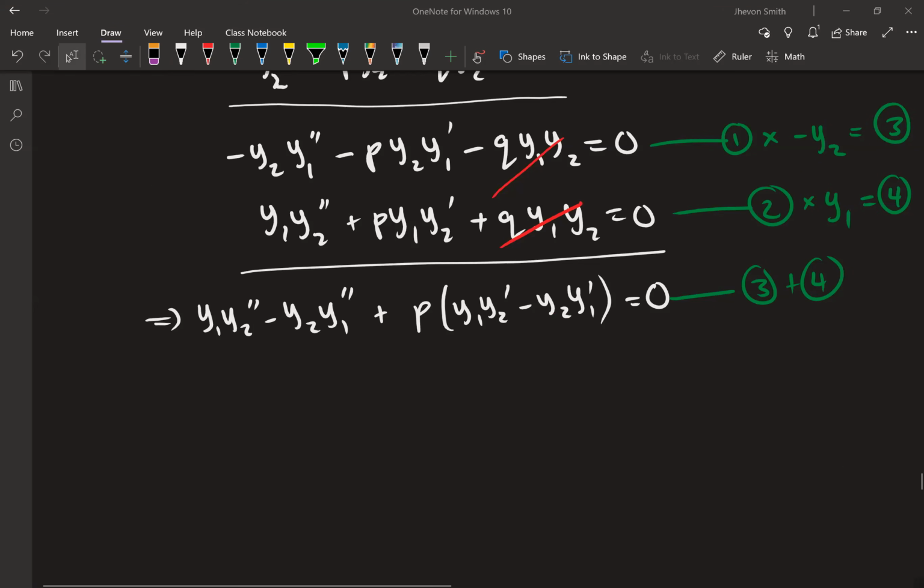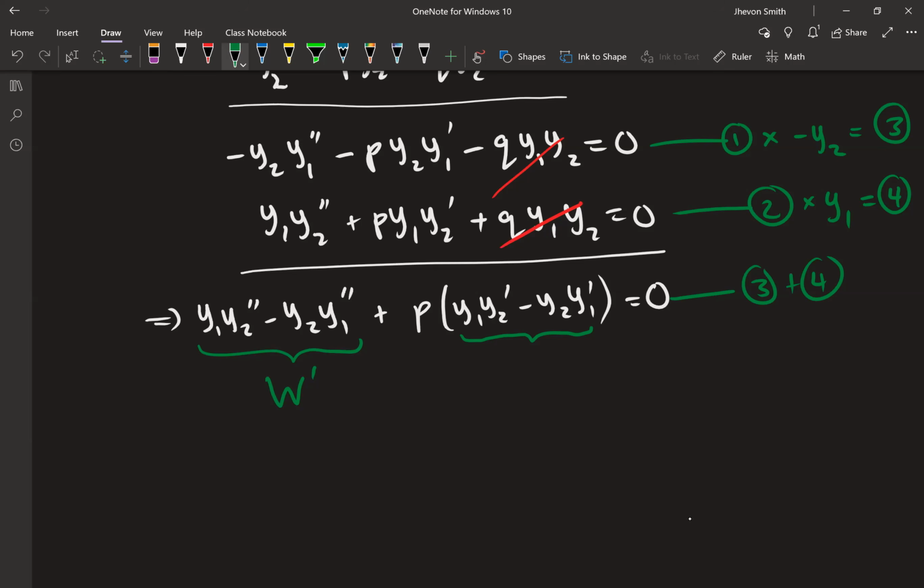Now, anyone notice anything? What is this guy right here? And what is this guy right here? What's this one? Right, that's W prime and W respectively. So, undo. This here is actually W prime.